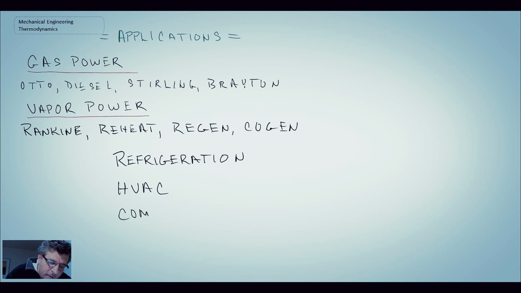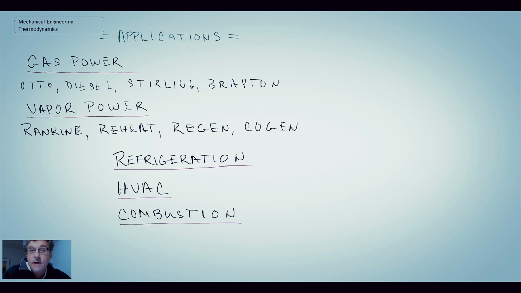And finally, we'll move onwards towards combustion. We'll be looking at systems with chemical reactions, notably combustion and oxidation reactions, typically of hydrocarbon fuels. So these are the areas we have left to cover within the course. We've gone through two main applications, gas power and vapor power, and we have three main ones left.